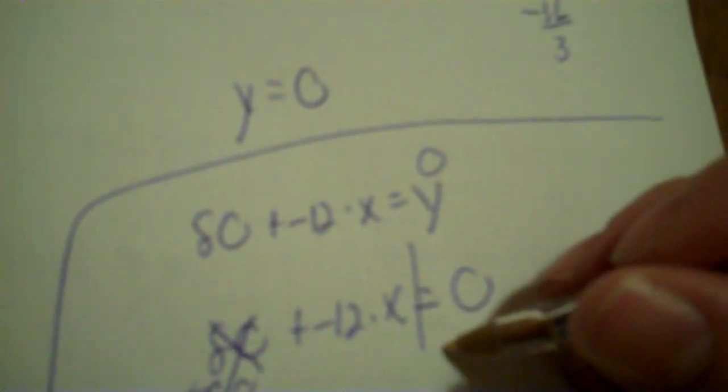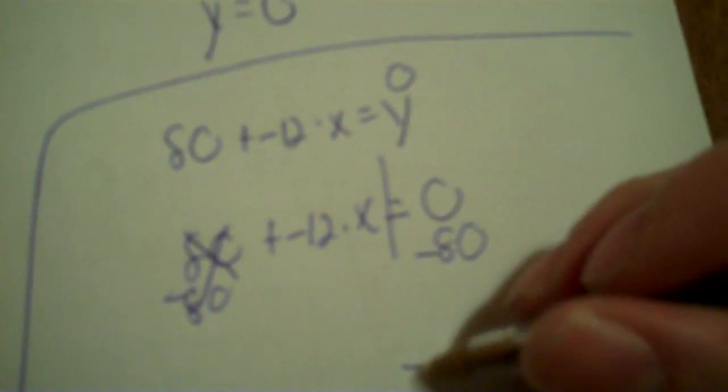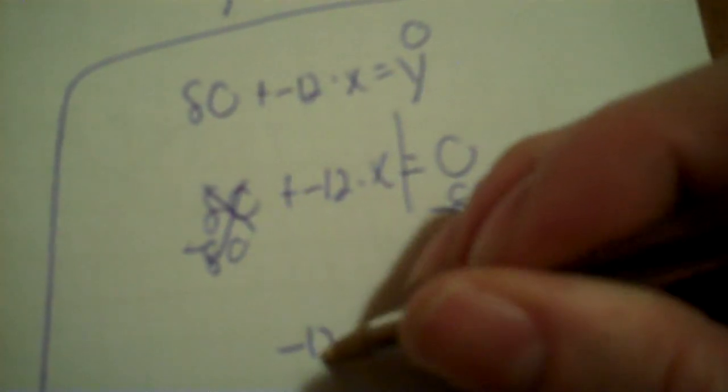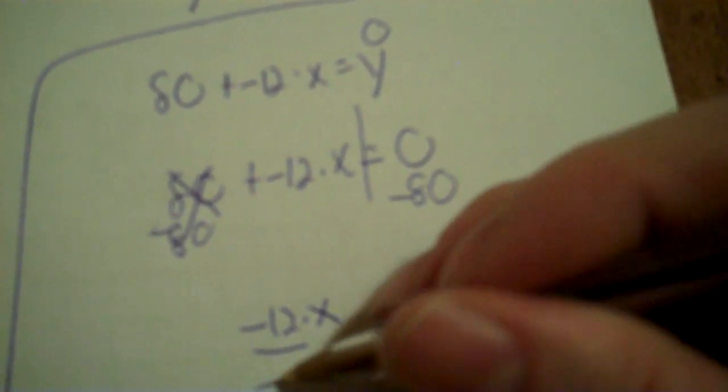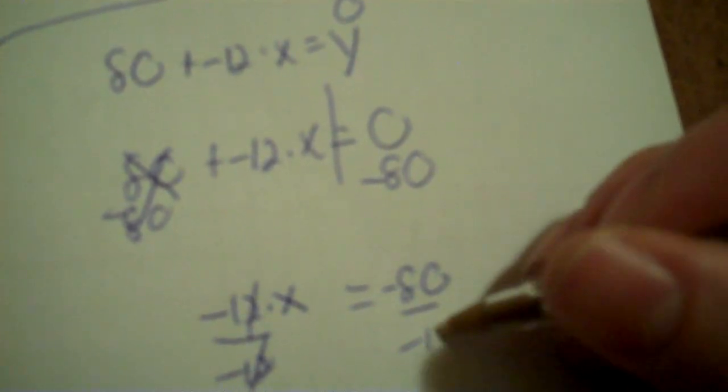Minus 80 from 0, yes, you can minus 80 from 0, it just goes negative 80, equals negative 12 times x. So you divide each side by negative 12. It's 6.6 repeating. Now you can write 6, 7, or you can write 6 and 2/3. I don't care, 6, 7, or 6 and 2/3, or 6.6, as long as it's in the ballpark.